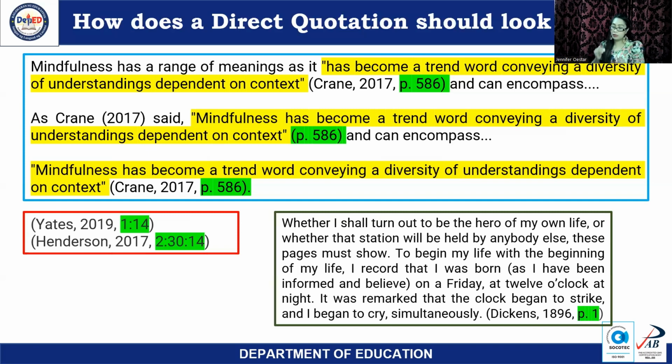So we include the directly quoted text in a separate paragraph following a block style format. So that's what you are seeing in some of the references that you have read before. You might ask why it is in a separate paragraph and block style, not indented. Because it's a direct quotation of more than 40 words.